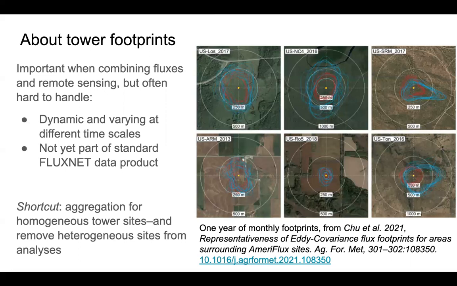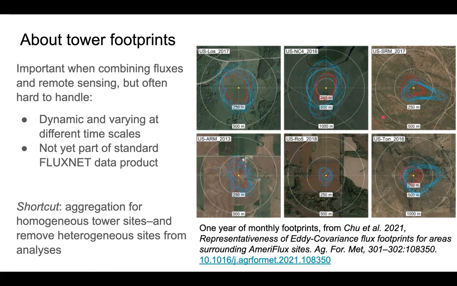So basically, there is a lot of variability. This figure here is showing monthly average. So each isoline here is a monthly average for a full year of data for each of these sites. So some of these sites have fairly consistent footprints, but others vary through time, depending on the time of the year, depending on season, sometimes time of the day.